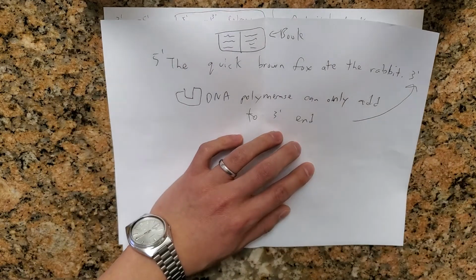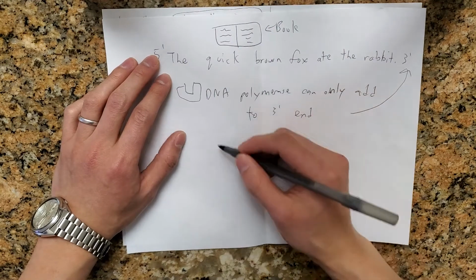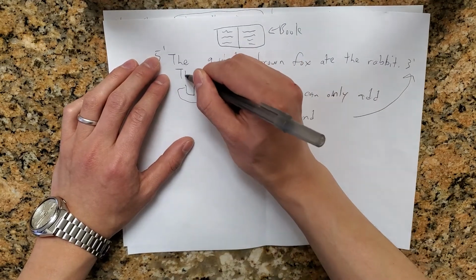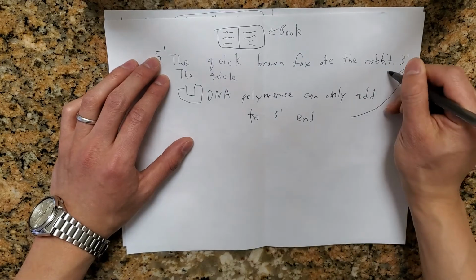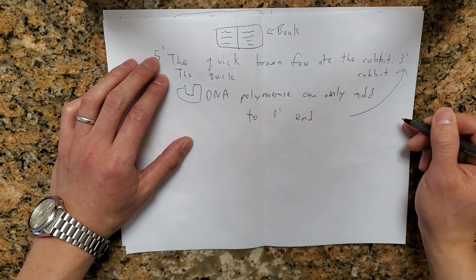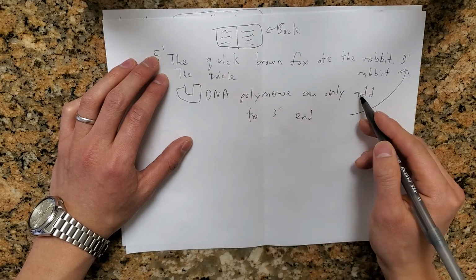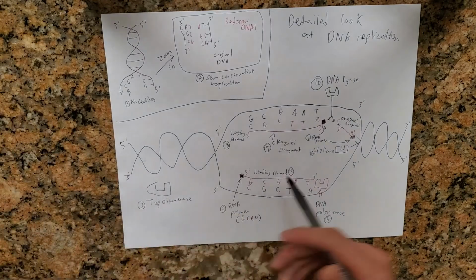If I'm writing words, let's say I want to copy this instruction, I would have to go from left to right. Nobody writes words going backwards like this. Nobody does that, right? And so DNA polymerase can only add to the 3' end.